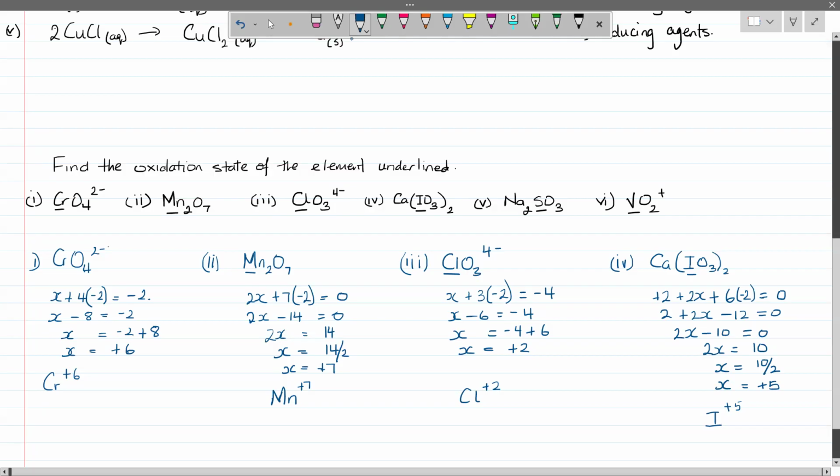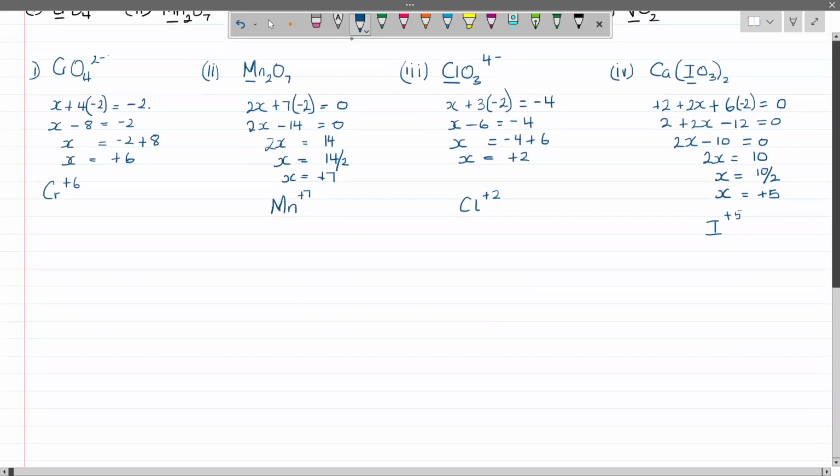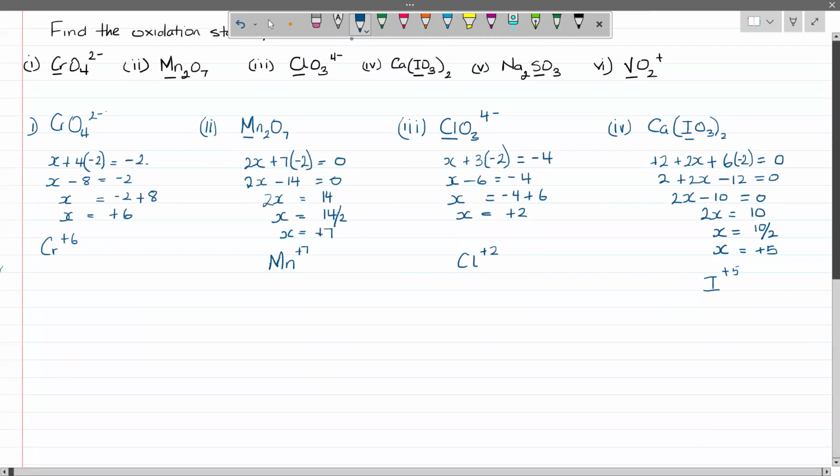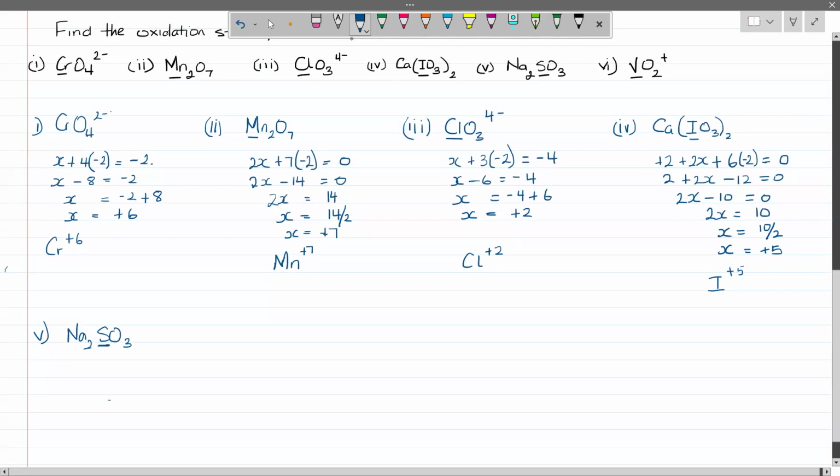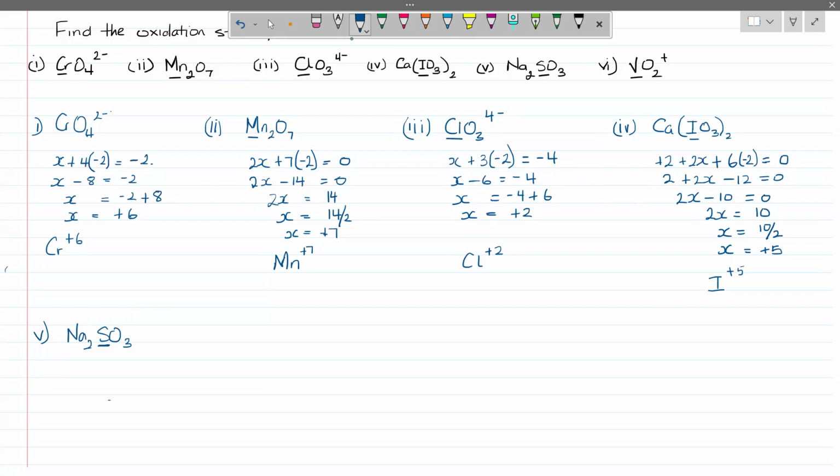So that I has an oxidation number of +5. Going on to the other one, Na2SO3. Underline this. Sodium is a group 1 metal, so we have two of them, and that's +1.